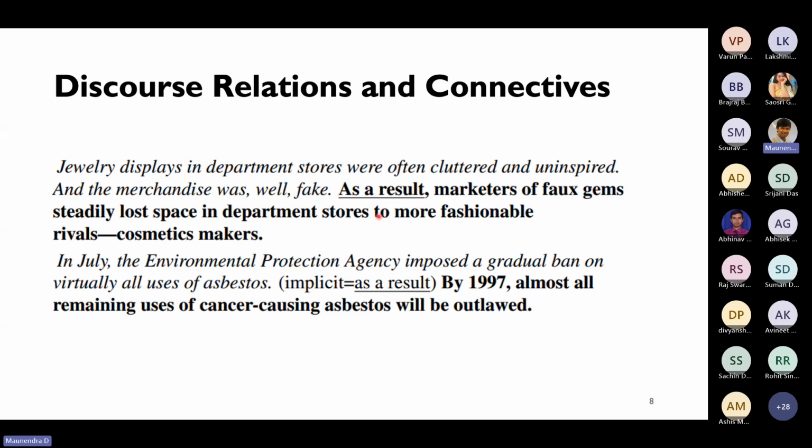And this connection is explicitly mentioned by providing this construct. Then if you look at the next one: in July, the Environmental Protection Agency imposed a gradual ban on virtually all uses of asbestos. By 1997, almost all remaining uses of cancer-causing asbestos will be outlawed. Here also we have the same kind of structure, where the first one specifies a reason and the second one is the impact or the result of that. And that is the connection between them. However, this connection is not explicitly mentioned here. It is implicit.